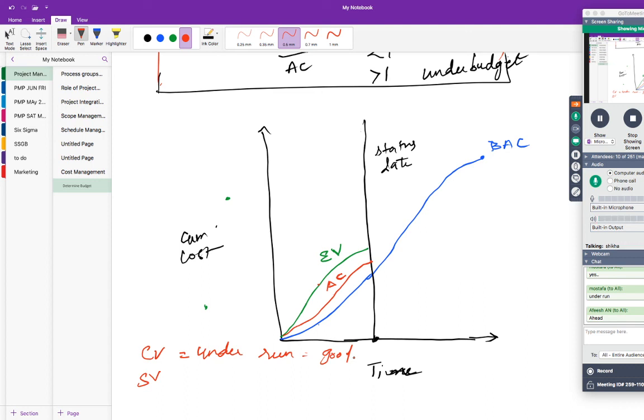That's right. So which is your PV curve? The blue line is your PV curve, because cumulative PV is only BAC. So EV is much greater than your PV curve, and of course you will get ahead of schedule, which means very good. Doing good, correct? Fine.